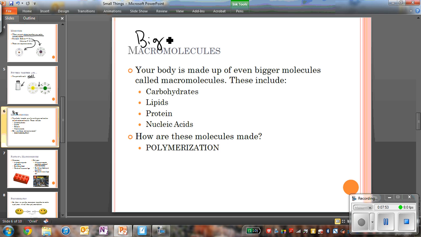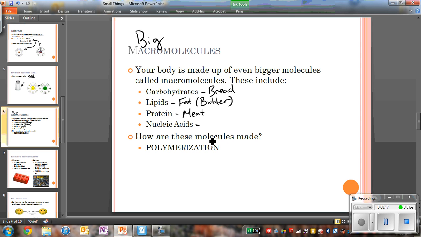Okay, your body is made of these. So what are the molecules you're made of? Well, it includes carbohydrates, something like bread, right? Lipids, which is fat, or let's say butter. Protein, which is meat. Doesn't have to be meat, but it can be.